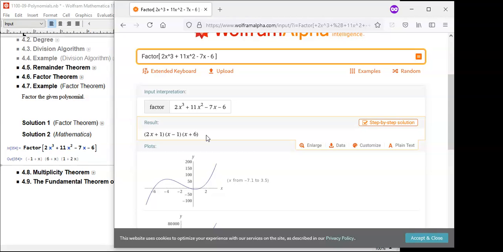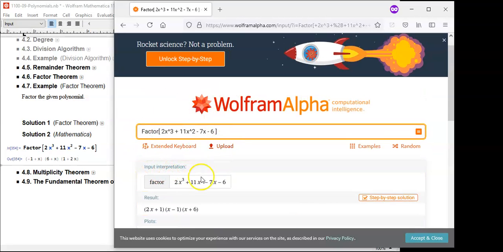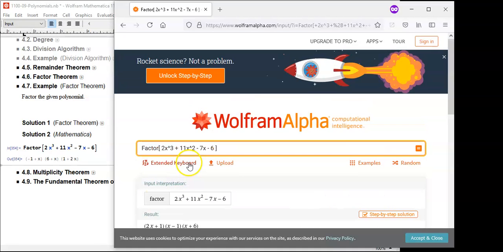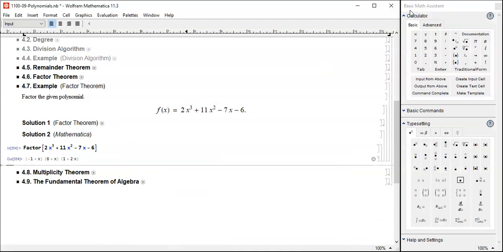Now, which method do you prefer? I prefer the second method infinitely more, but of course, you have to have a certain proficiency in a computer algebra system. In the 21st century, this kind of thing is required. So you gotta learn how to deal with a computer algebra system. You gotta know some commands.